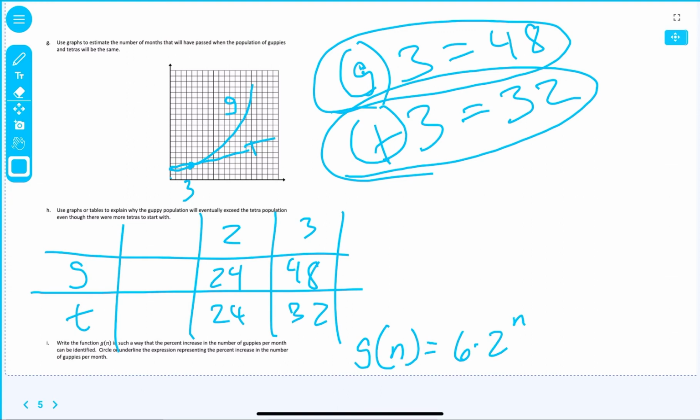But what if we did that 2 as a percent? What's 2 wholes as a percent? 200, right. So that would be 200% to the n power. So the 200% would be your percentage. That's how much of an increase. 200% increase is pretty good. Okay?